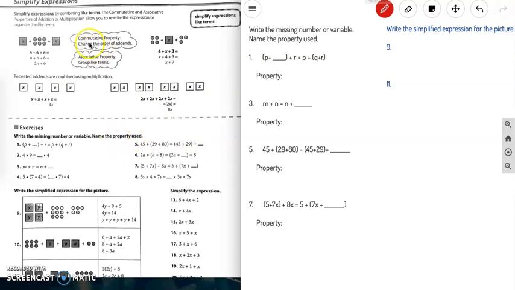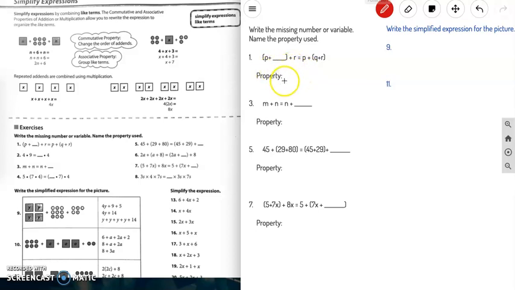Remember the properties: we have the commutative, which is changing the order of the digits, and we have the associative, which is grouping the terms using parentheses. Right away, by looking at this, we can tell that this is associative because it is grouping.